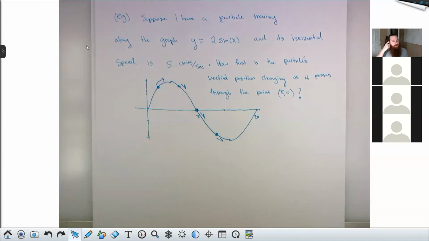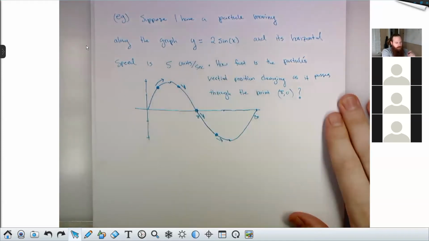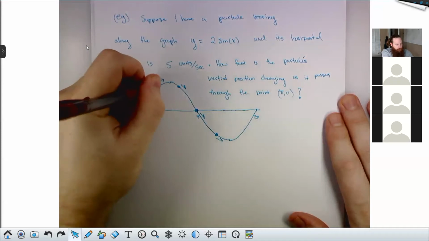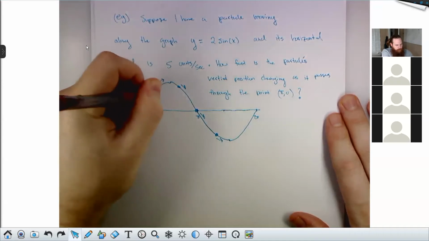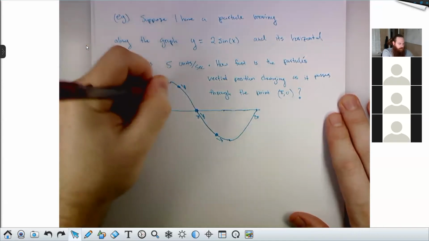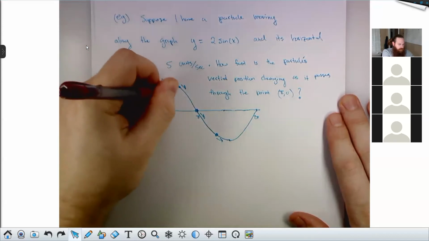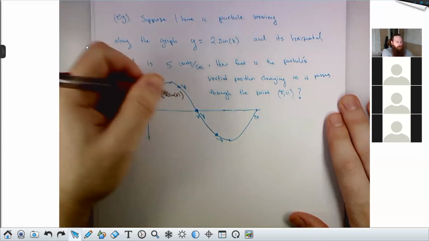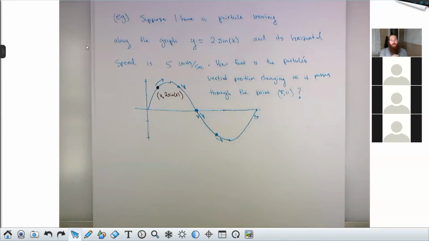I already have my algebra relation, y equals 2 sine x. So remember, at any moment, this point is x comma 2 sine x, because I'm on the graph y equals 2 sine x.